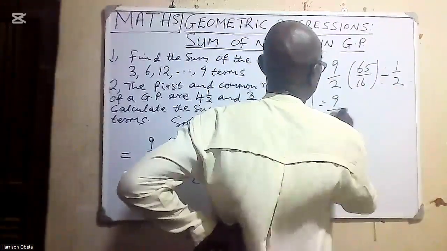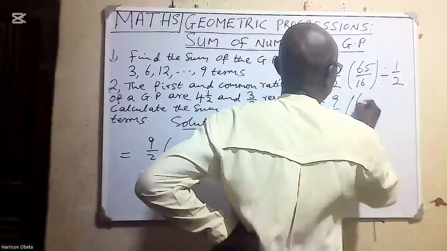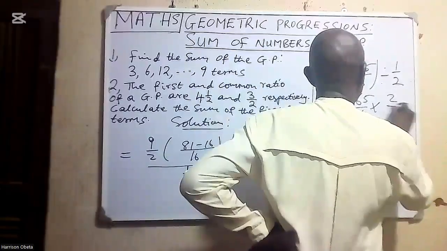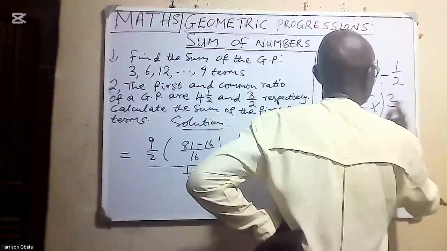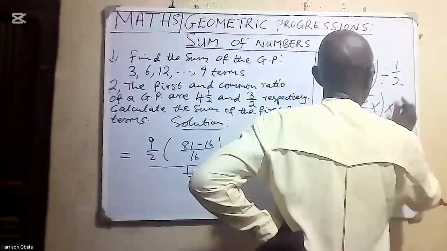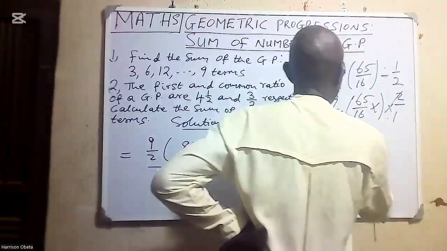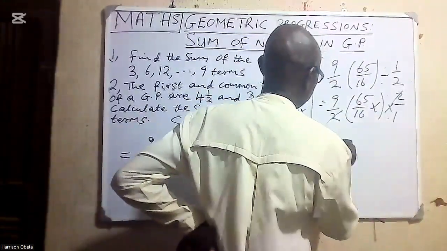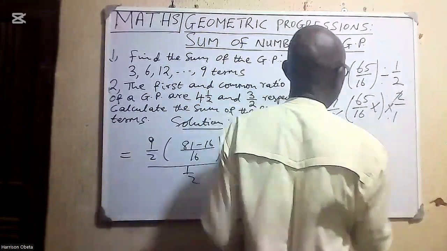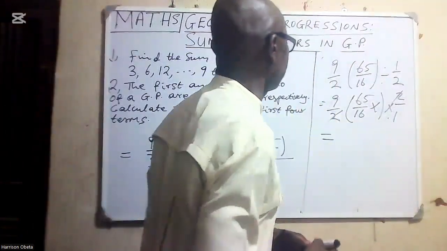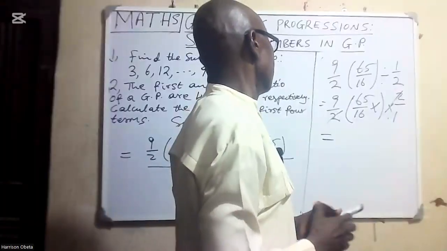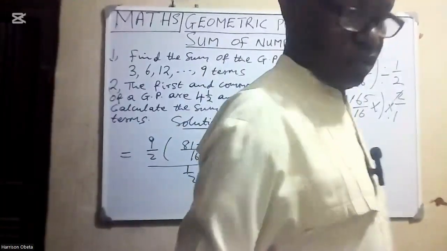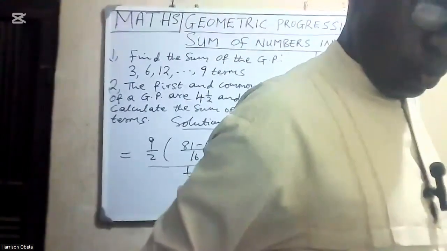That is 9/2 into 65/16 times 2/1. Multiplied by 2/1. Divide, and that will give us, to multiply 65 by 9 and divide by 16.